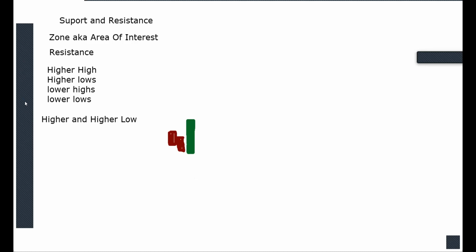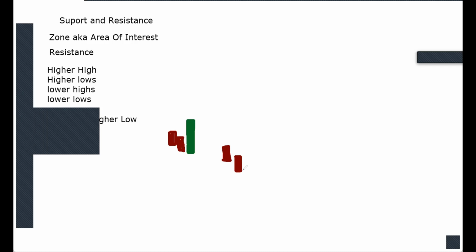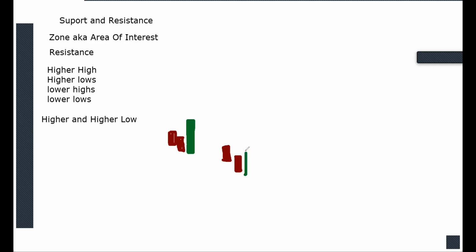I was asking, if you were looking at two candles and there was one like this, and then you had another one going down like this, and then let's say you had a green candle that did this.